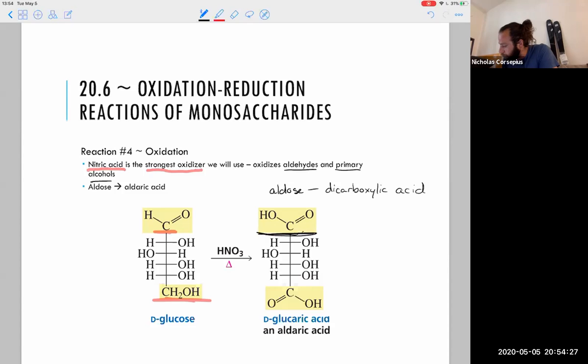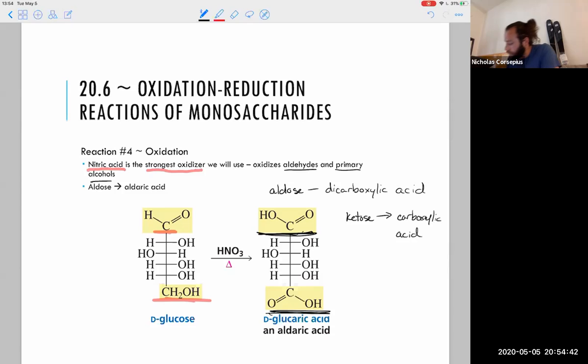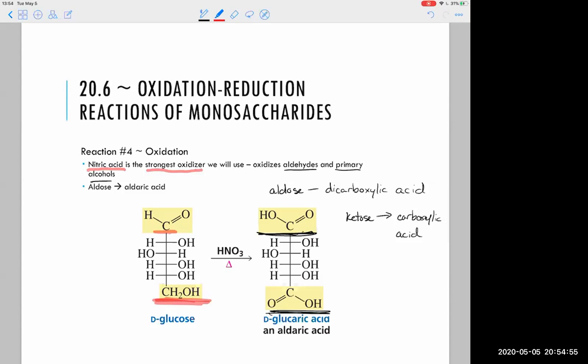It would convert both that aldehyde group and that terminal OH group to a carboxylic acid. If you had a ketose, it wouldn't be a dicarboxylic acid, you would only get one, because it would oxidize that terminal OH group, but it wouldn't be able to oxidize the carbonyl carbon. Okay. All right, thank you.